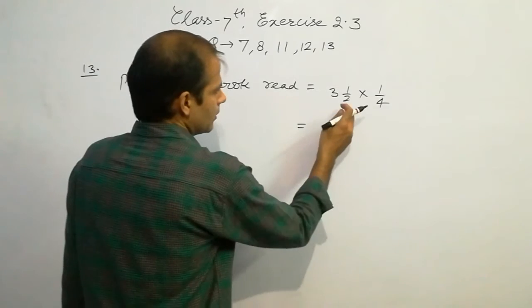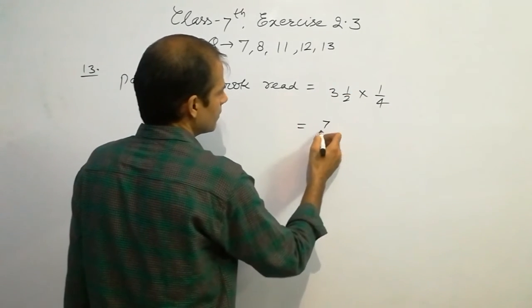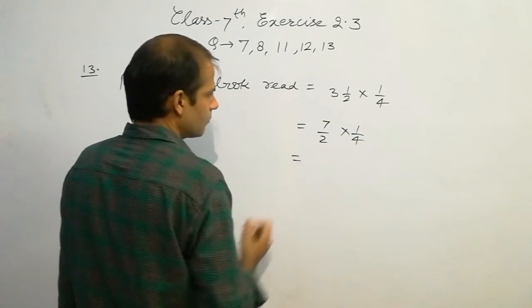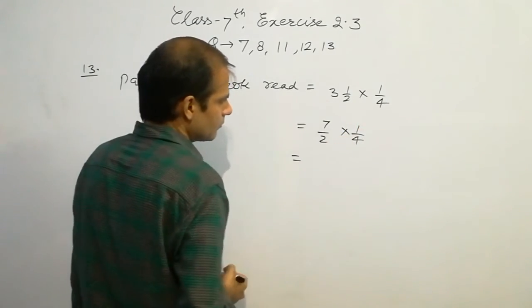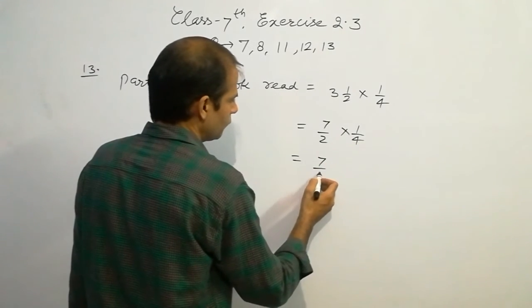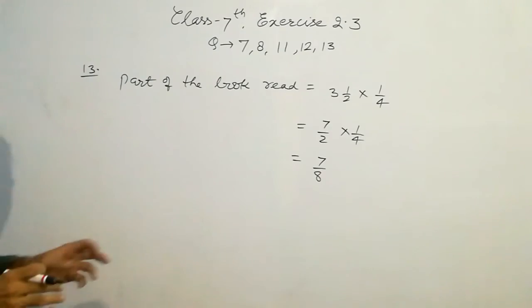Simplify the fraction. 2 threes are 6 plus 1, 7/2 into 1/4. Now multiply both the fractions. 7 ones are 7 and 2 fours are 8. So we can say that the part of the book read is 7/8. Okay, the answer of question number 13 is 7/8.